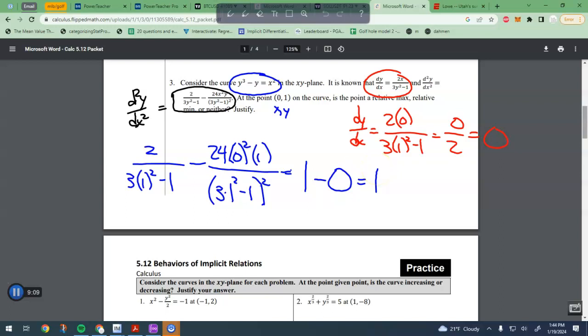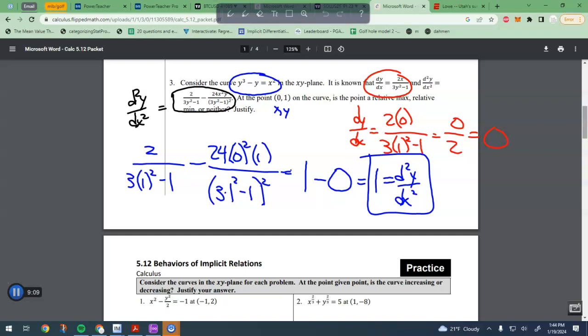So what do we know about the original function? What's that tell us about the original function? Concave up, because my second derivative is positive. And if we're concave up, does that point where the slope is 0 create a relative max or relative min?